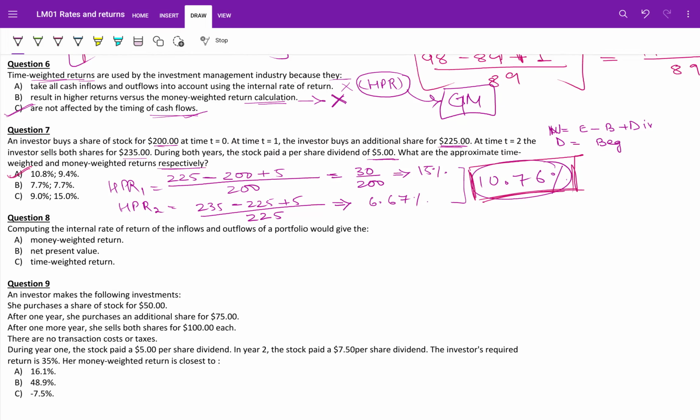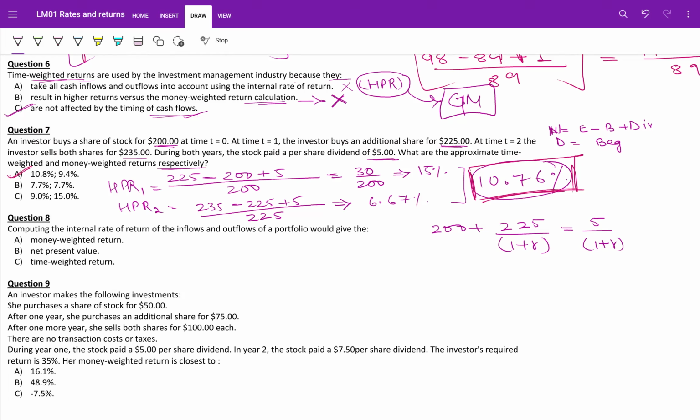So for the money weighted rate of return, we are going to start with the 200. This is the cash outflow here, 200. Then we added 225, another cash outflow, divided by 1 plus rate. On the other hand, we have a cash inflow of 5 at year 1.